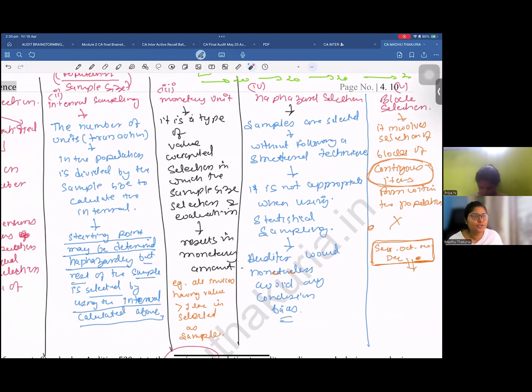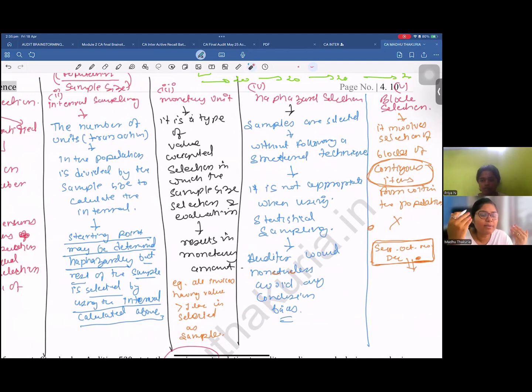What does block selection do? For example, in India, there is a period starting from September till December, till mid of January, it is a festival season, right? So for any retail business, it is going to be a high sales period, September to January.